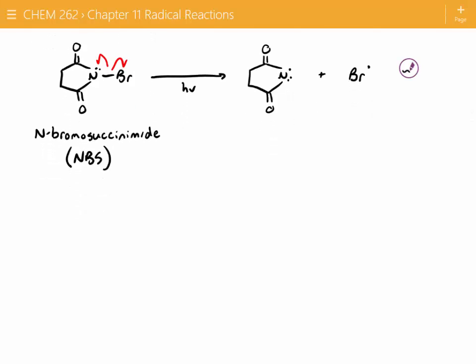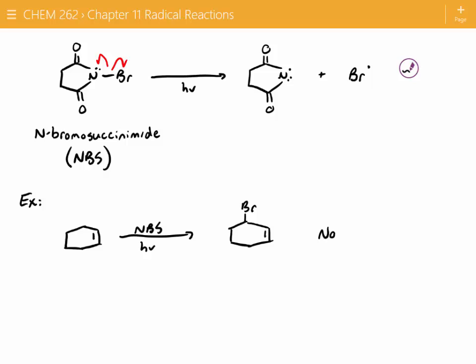So let's take an example of this using our previous reagent. If we take cyclohexene and we react this with NBS and UV light, we only get bromination at the allylic position.